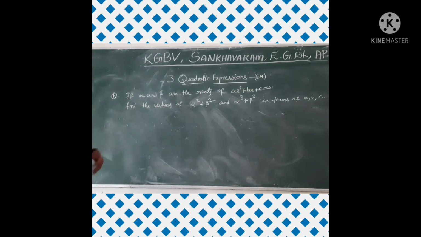Okay, here given ax square plus bx plus c, the quadratic equation, and alpha and beta are the roots. We know alpha plus beta is equal to the sum of the roots, and next one is the product.